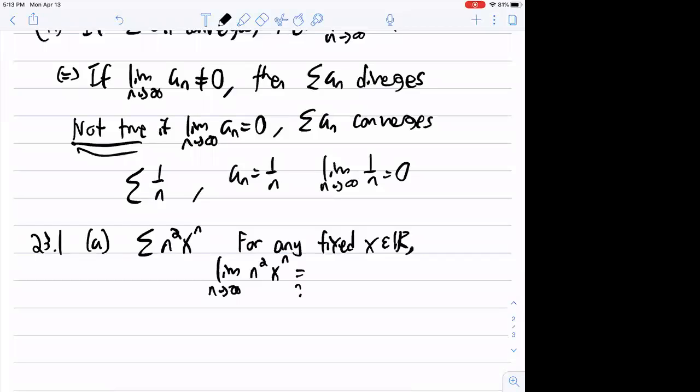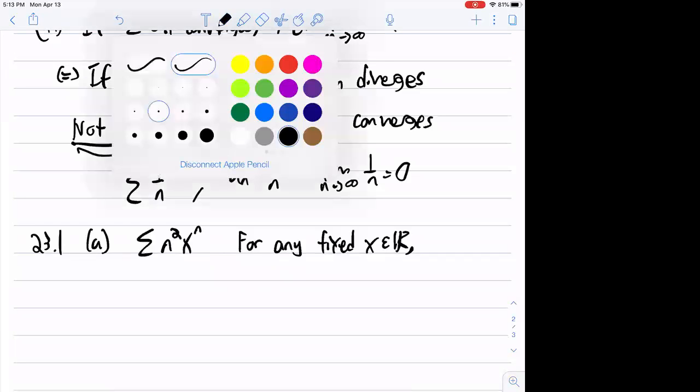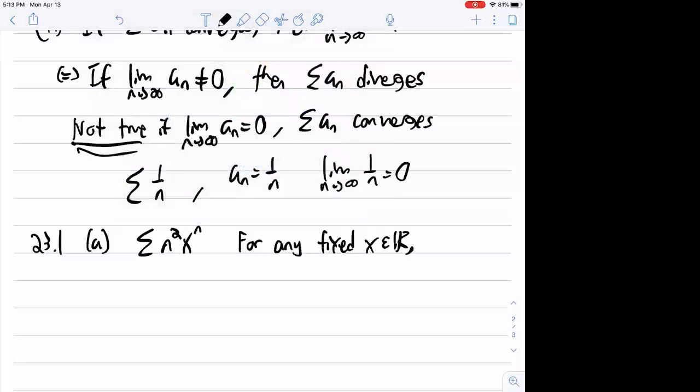So it depends, because if x is a number between -1 and 1, it's going to go to 0. So you see here, a test for divergence doesn't really work, unless everything goes to 0, then you're golden. So here, let's use the ratio test. Let's calculate the lim sup as n goes to infinity.